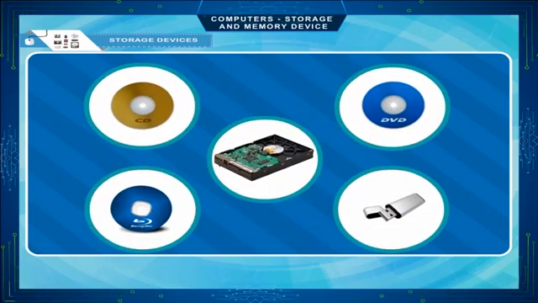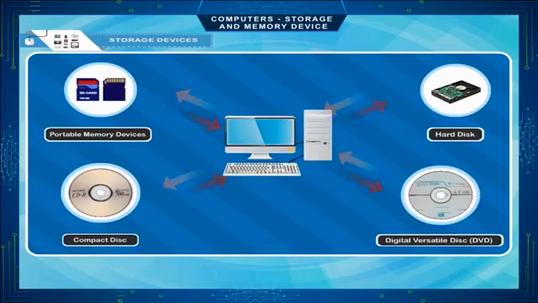Storage devices provide a location where data can be stored when it is not being processed. A computer can read and input data from storage devices for further processing, and at the same time, it can store processed information onto these devices again and again.